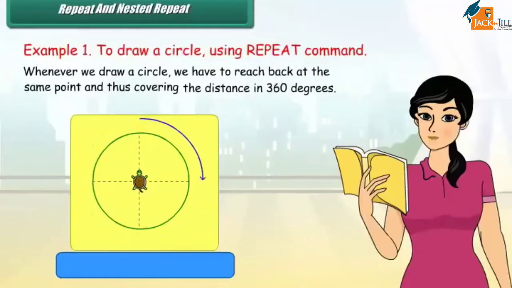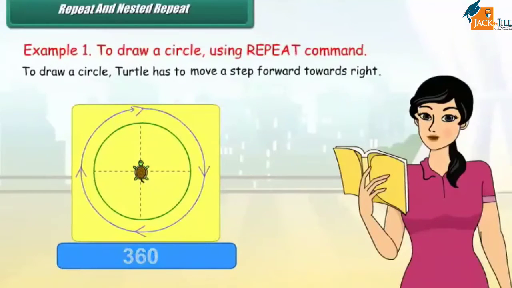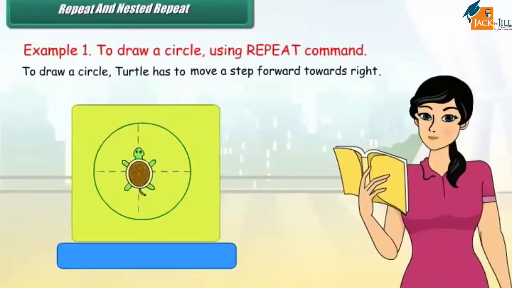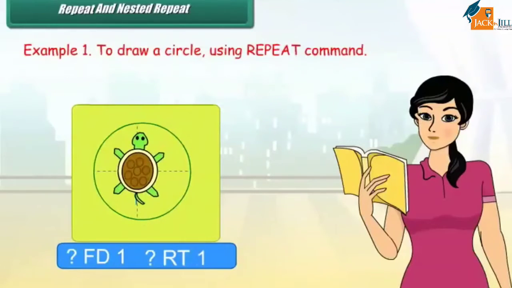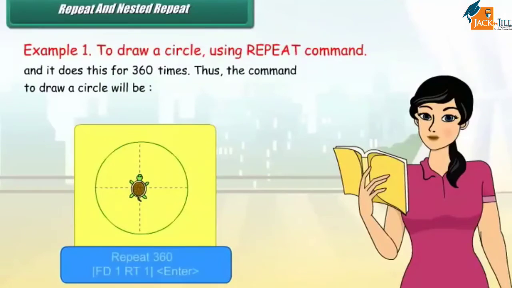Whenever we draw a circle, we have to reach back at the same point and thus cover the distance in 360 degrees. To draw a circle, the turtle has to move a step forward towards the right, and it does this 360 times.